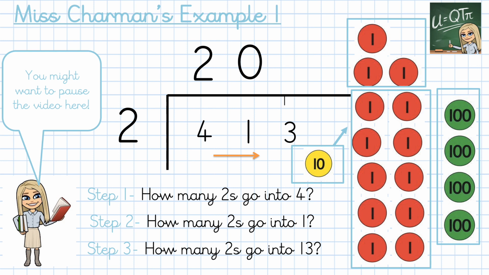I've got 1 group of 2, 2 groups of 2, 3 groups of 2, 4 groups of 2, 5 groups of 2, 6 groups of 2, and I've got 1 remainder. So this means I've got 6 groups of 2, so I write a 6 here, and I've got a remainder of 1. This means the answer to 413 divided by 2 is 206 with a remainder of 1.